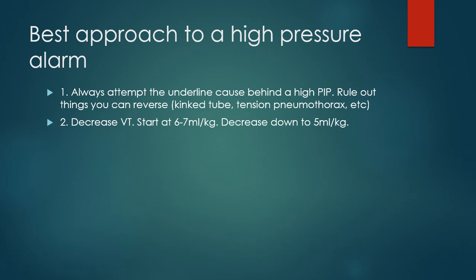By decreasing the volume, hopefully that's applying less pressure inside the chest, which should hopefully decrease my PIP, which means my high pressure alarm should start going away. Typically when I'm starting a tidal volume, it's somewhere between 6 and 7 mL per kilo of ideal body weight. So I may slowly start dropping it down to 5 mL per kilogram, and hopefully that solves my issue.